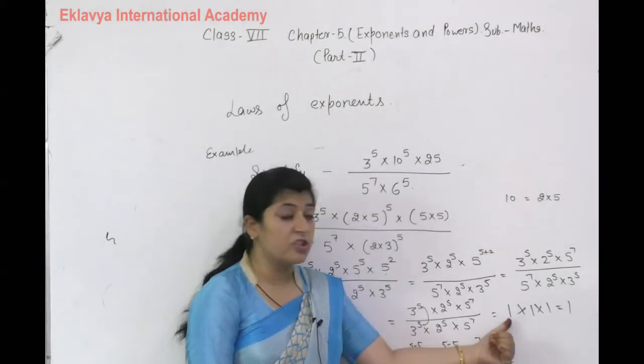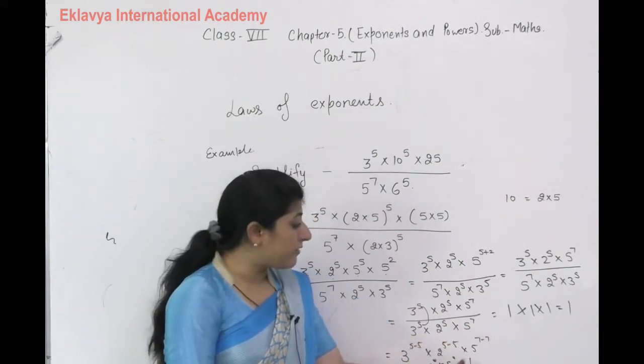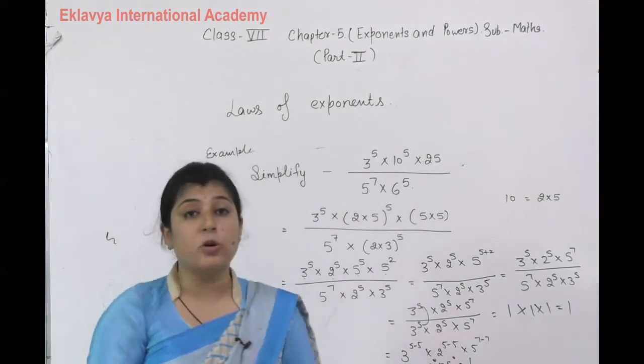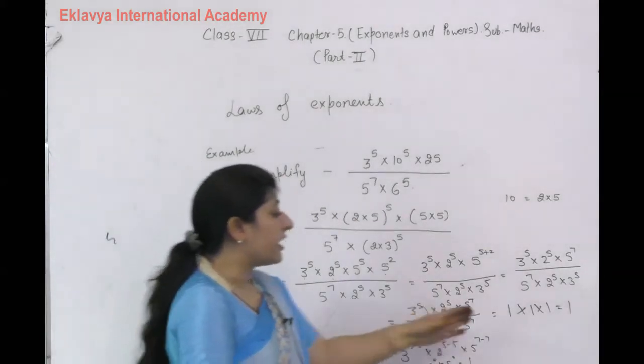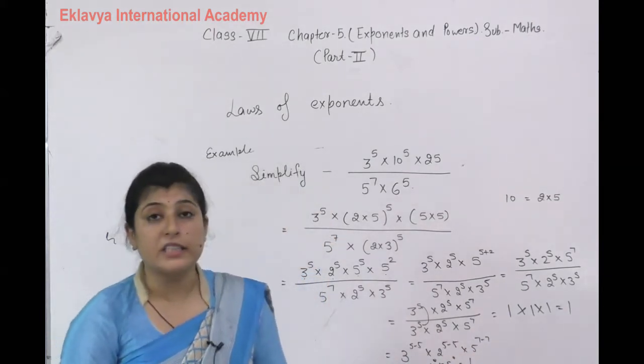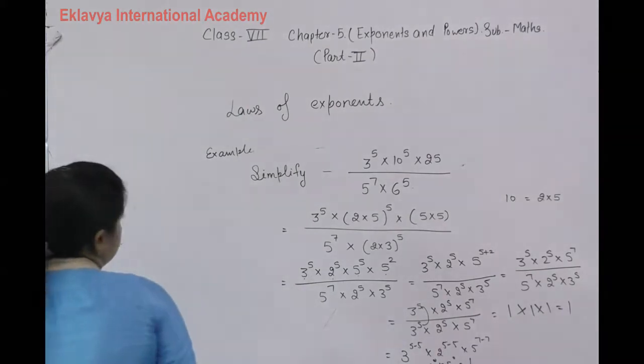Then 3^0 is 1, 2^0 is 1, 5^0 is 1. Then 1 multiplied by 1 multiplied by 1 is equal to 1. This is how we simplify these types of questions.